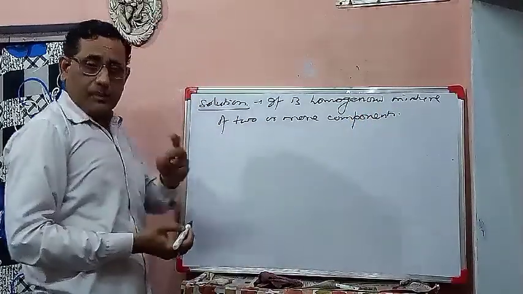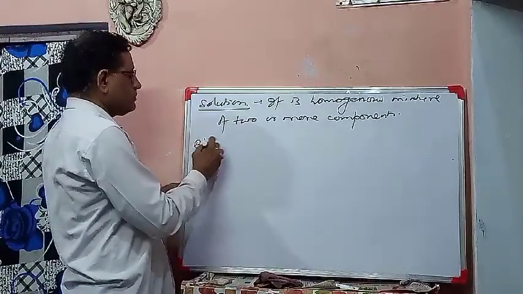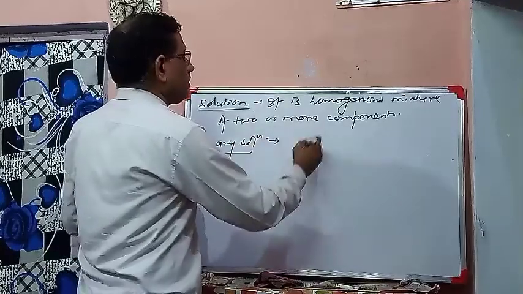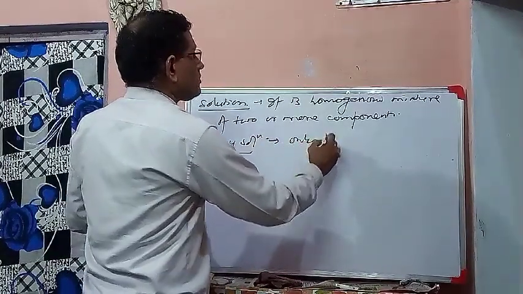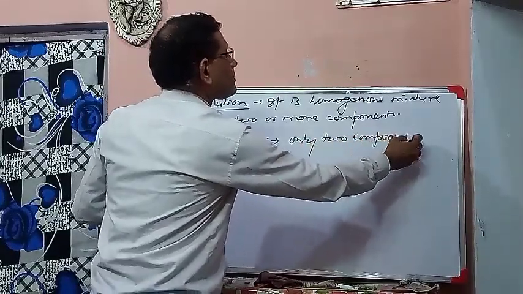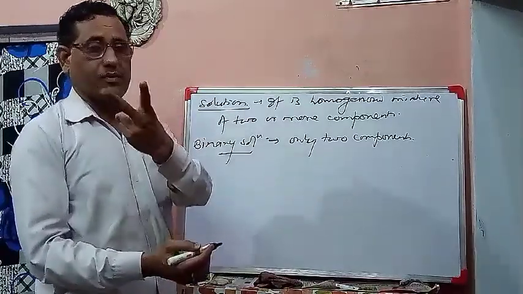Clear? If there are only two components, then it is called a binary solution. Binary solution, okay? Having only two components, like sugar mixed in water. There are two components, sugar and water.